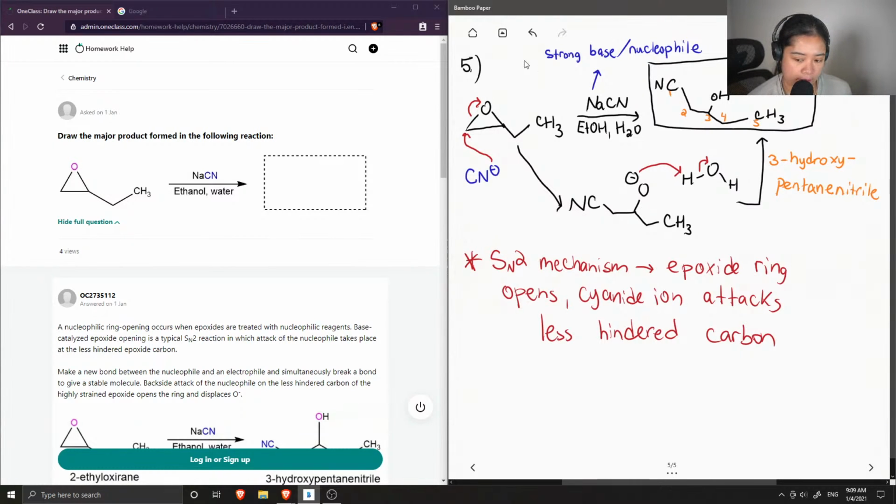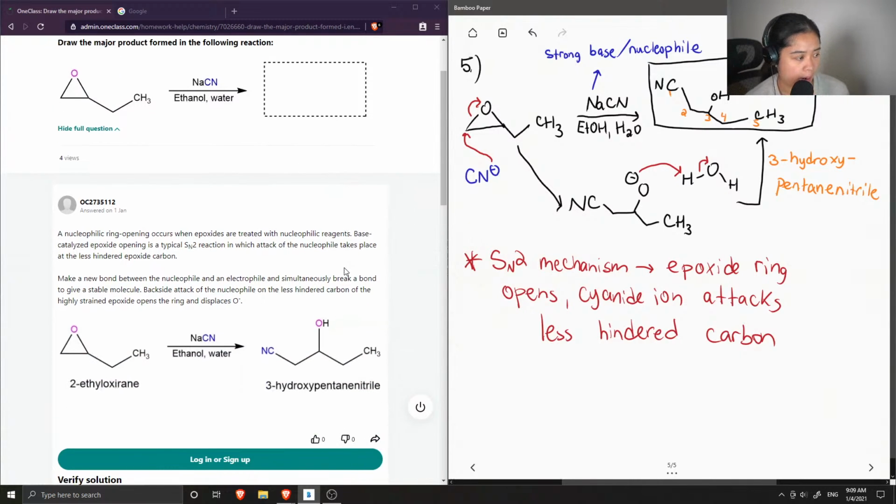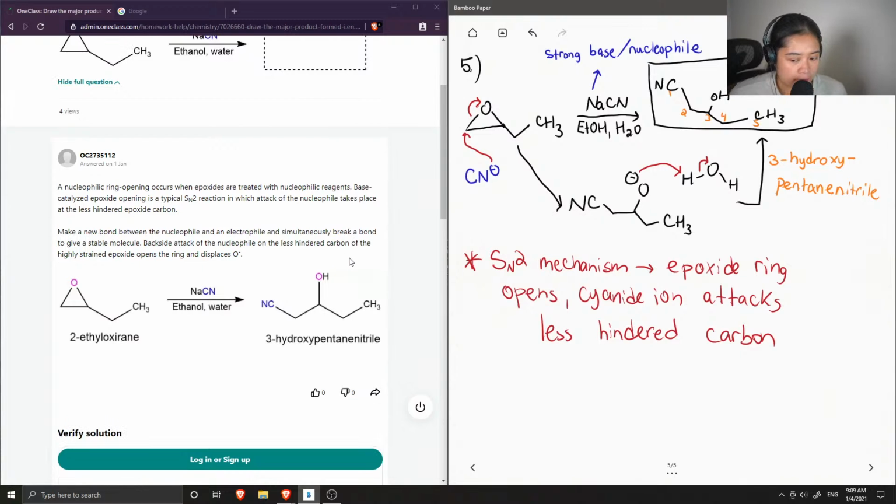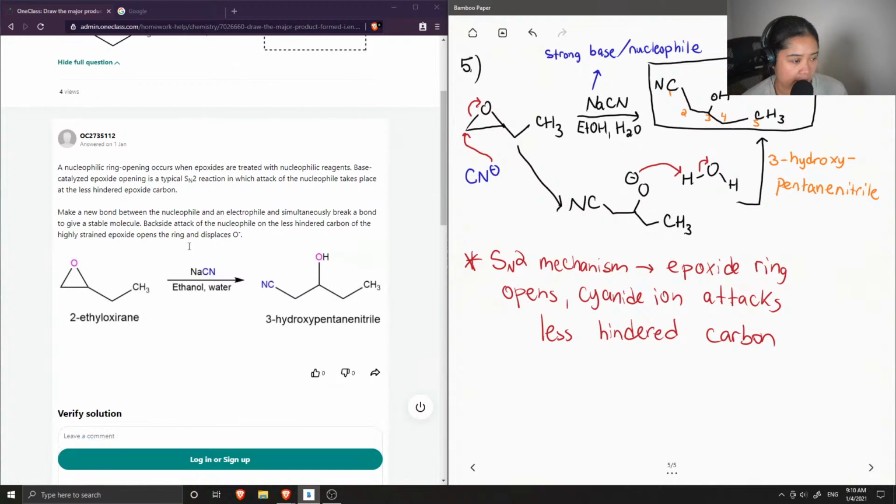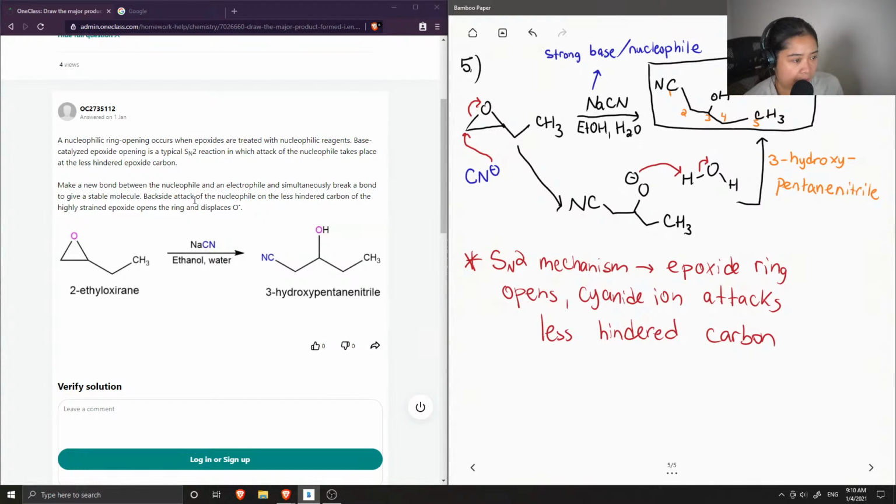Okay, so now let's see what the junior tutor said. A nucleophilic ring opening occurs when epoxides are treated with nucleophilic reagents. Base-catalyzed epoxide opening is a typical SN2 reaction in which the attack of the nucleophile takes place at the less hindered epoxide carbon. Make a new bond between the nucleophile and an electrophile and simultaneously break a bond to give a stable molecule.